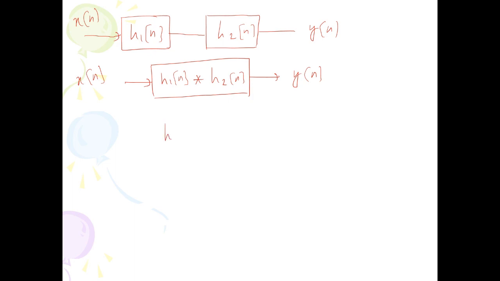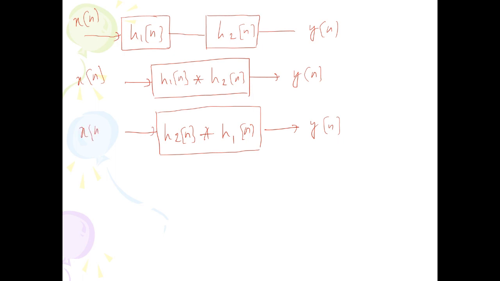Because convolution is commutative, h1 of n convolution with h2 of n will be equal to h2 of n convolution with h1 of n. Now the output is y of n, and this is x of n.